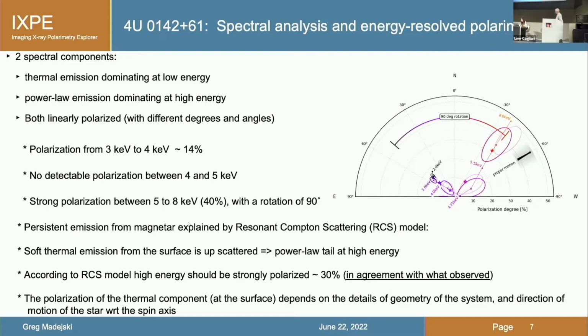So that basically implies that the emission from the source can be explained well by a model that is known as the resonant Compton scattering model. I'm not an expert on magnetars, so all I want to do is to highlight the exciting results here. But apparently the best way to think about the emission from magnetars is that the soft X-ray thermal emission from the surface of the magnetar itself is scattered by the material that is actually farther away from the star.